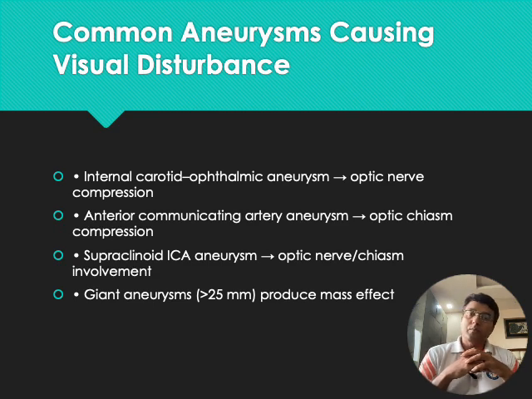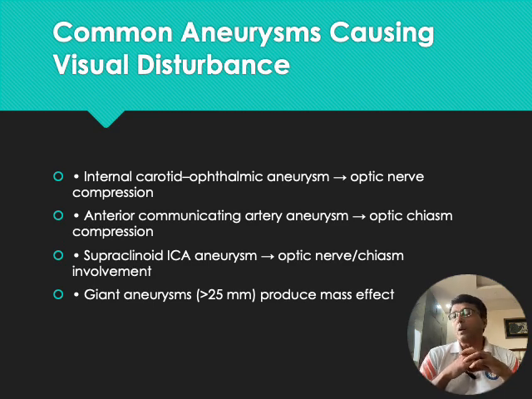So, as you all know, about 90% of cerebral aneurysms are berry aneurysms. And the common aneurysms causing visual disturbances are in the internal carotid artery and the ophthalmic artery aneurysm at the junction actually, and it can cause optic nerve compression.